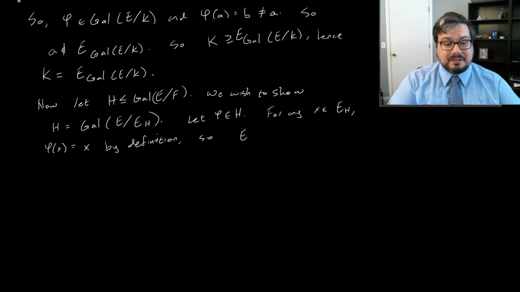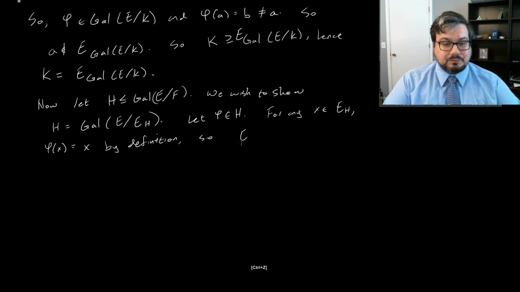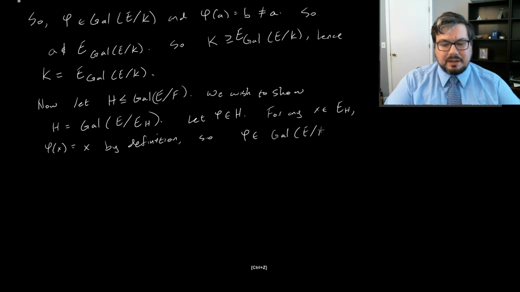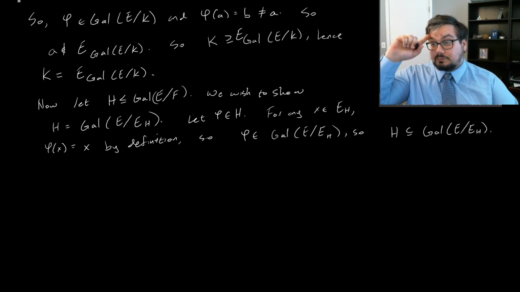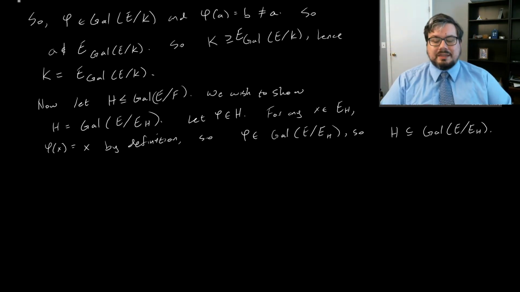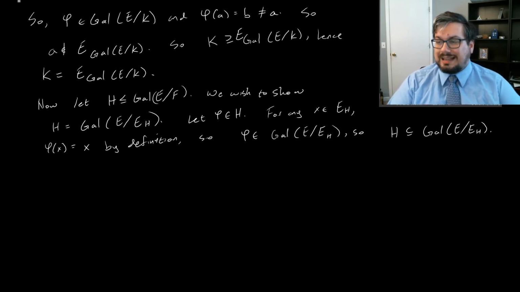And so that means that phi is in the Galois group of E over E^H. So we certainly have that H is a subset of the Galois group of E over E^H. Now, to get the other direction, we're going to use our two claims that we worked out before.